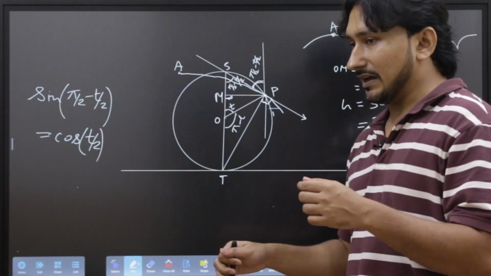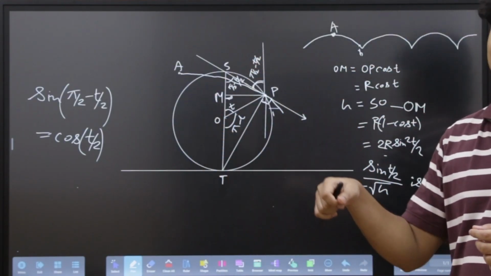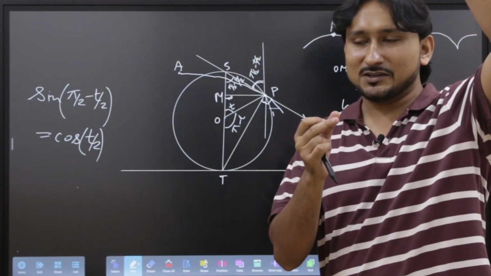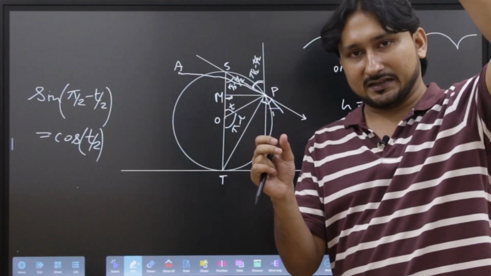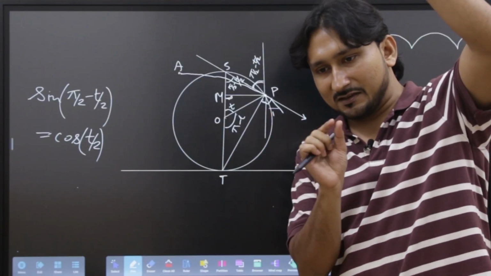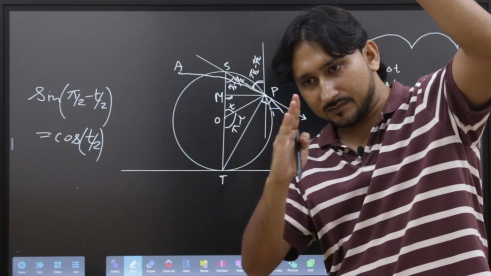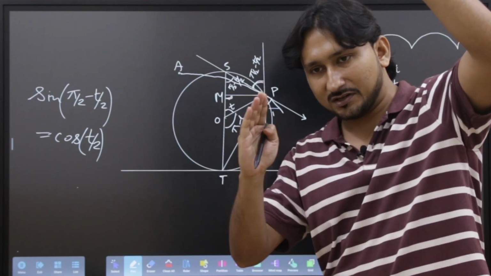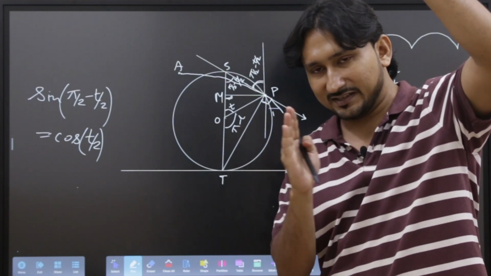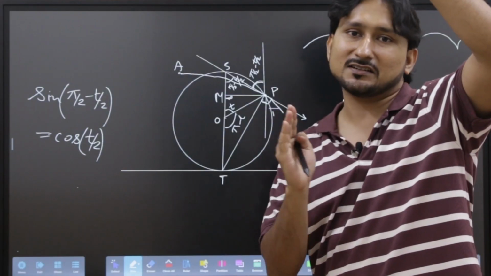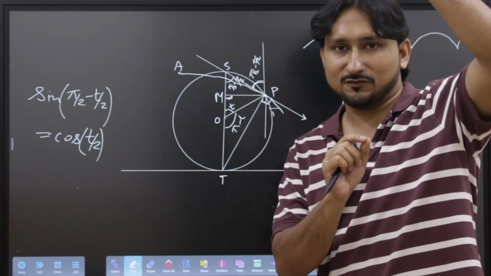Some of you must have played around with pendulums, and you know pendulums are not perfect. If you give a small magnitude to the oscillation, then it takes a certain amount of time to go back and forth.